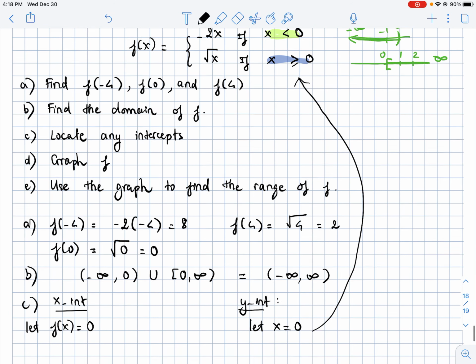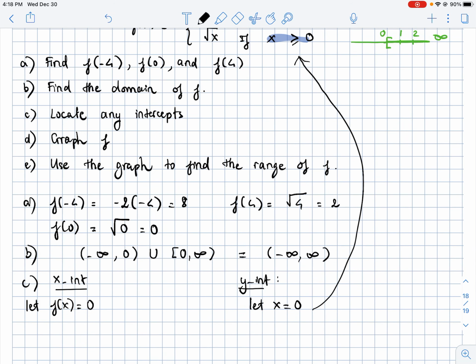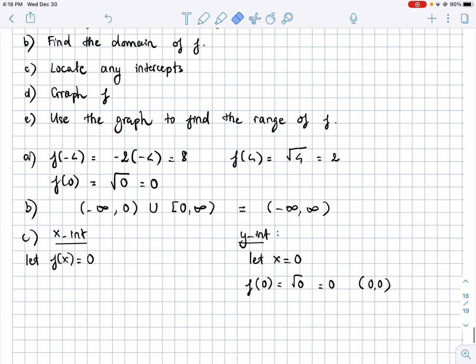If we let x equal to 0, then x is in the second domain, so we plug x into the second one. So f of 0 equals square root of 0, which is equal to 0. So we have the point (0, 0) as the y-intercept.